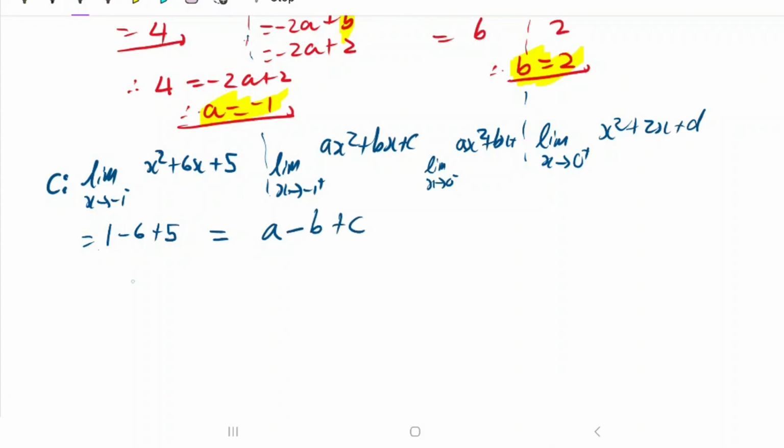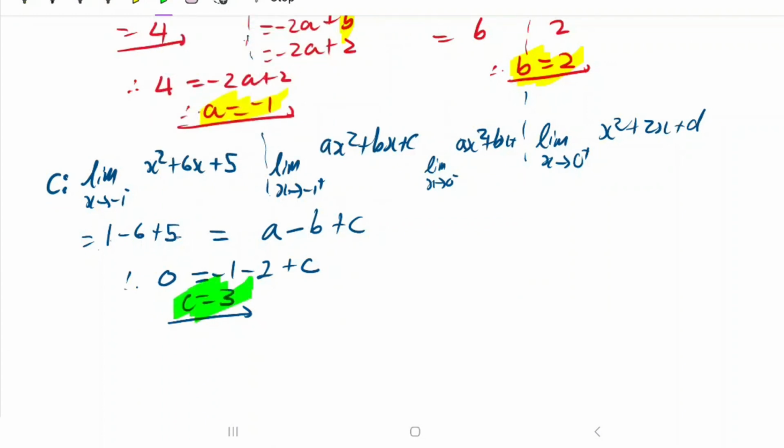But if you look at this, it means that this left-hand side will equal that. So 0 will equal, if we substitute a and b that we found, minus 1 minus 2 plus c, then we can easily work out that c is equal to 3. So let's use a different color for that. c is therefore equal to 3.